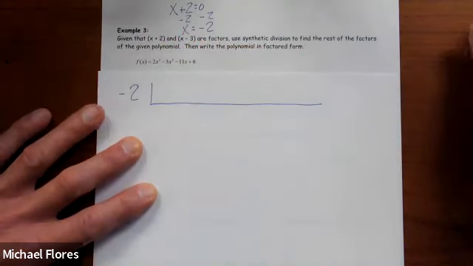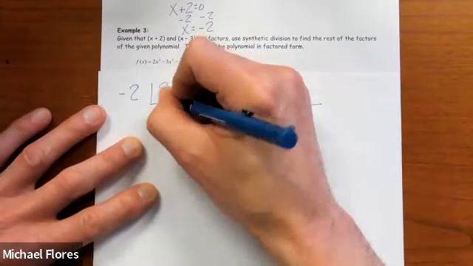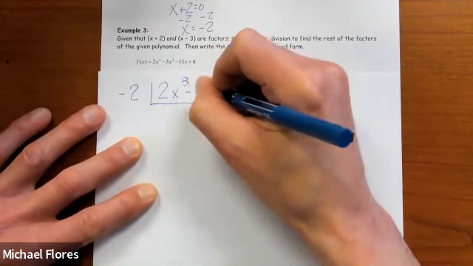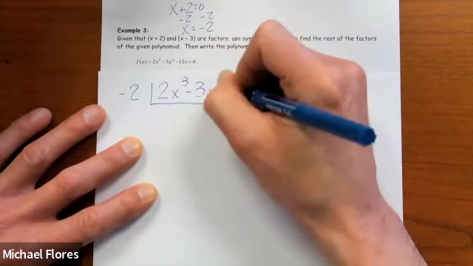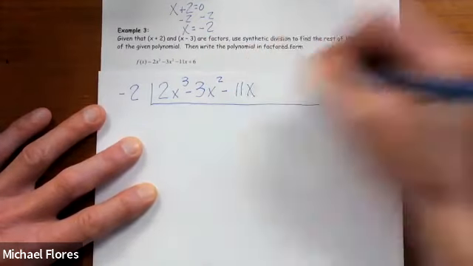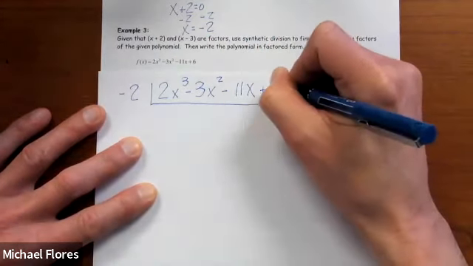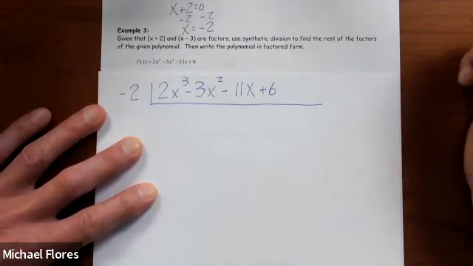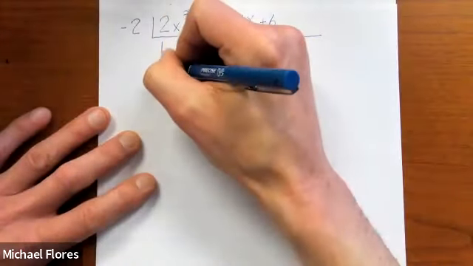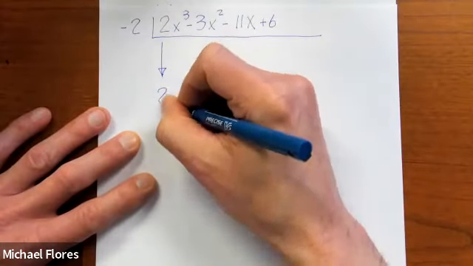Looks like the highest term that they give us is a cube. So I'm going to need a square after that. Then variable x. Then the constant. Did I write it down correctly? We look good. Let's get going. Bring the first number down. Don't change it. Multiply.